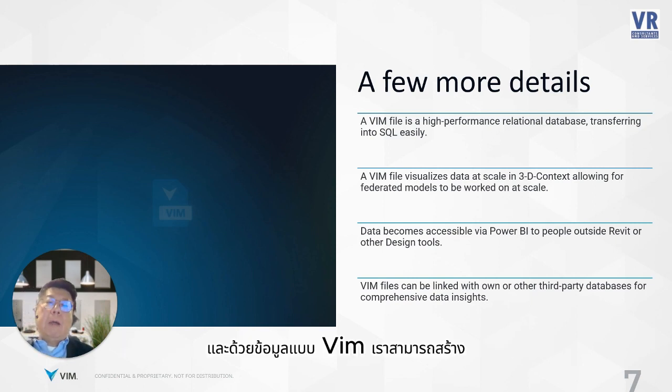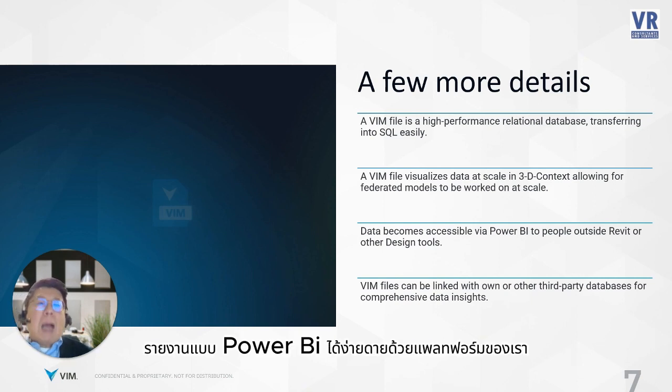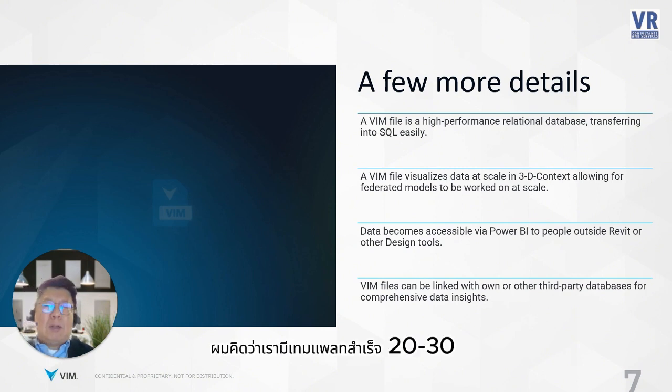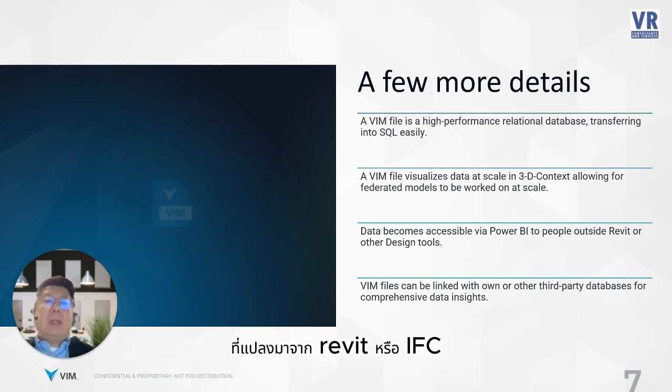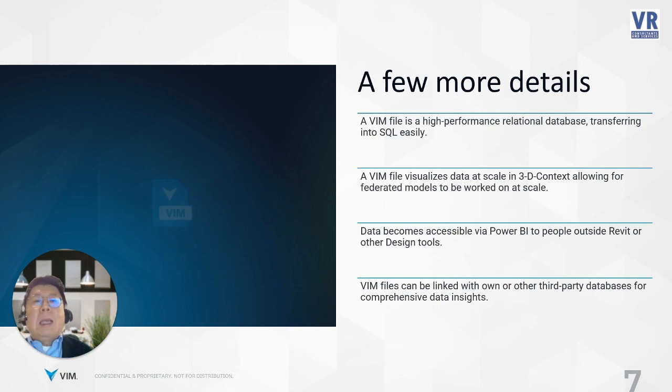Based on the Vim model, we can also create Power BI reports available on our platform. We have around 20 to 30 out-of-the-box, ready-made Power BI reports which can be created from the Vim file converted from Revit or IFC.